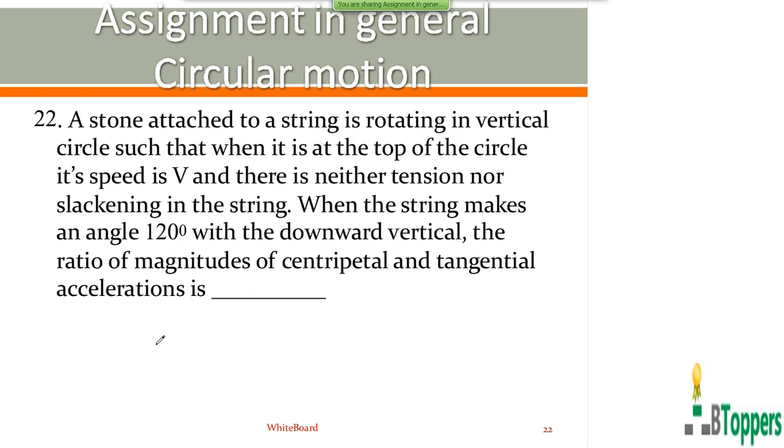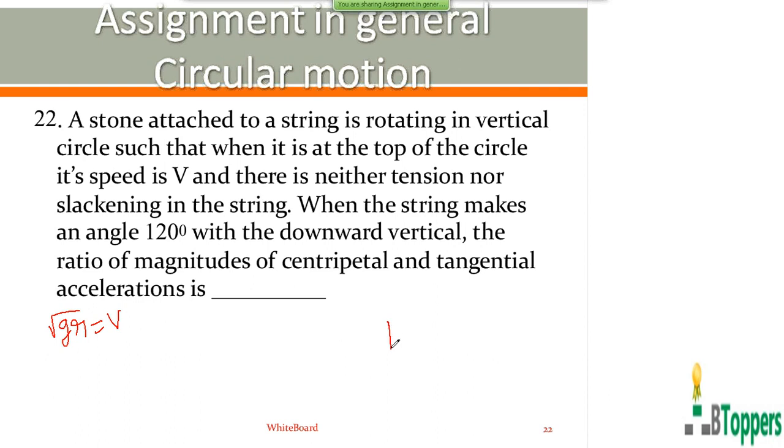To find the magnitude of velocity at this instant, you have to apply conservation of energy. Here the bob is rotating in a vertical circular path with the minimum speed at the highest position. The minimum linear speed at the highest position to just complete a vertical circle is root gr, which is equal to v here.